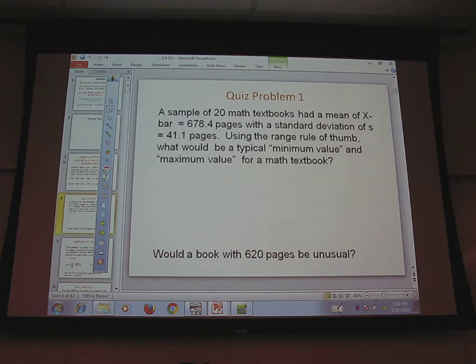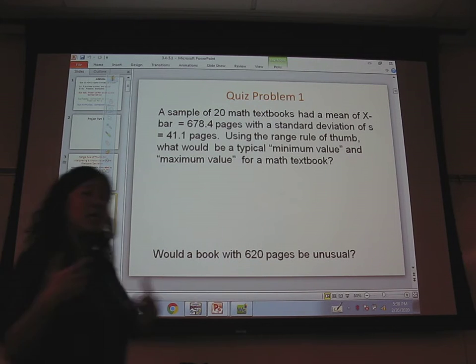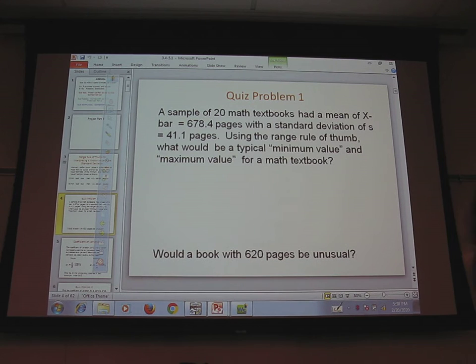You need to find your mean. You also have your sample size, and you have your standard deviation. When it says a mean of, that's your mean. When it says a standard deviation of, that's your standard deviation. When it says a sample of, that is not your mean. That's your n, your sample size. A sample of 50 students means you sampled 50 students.